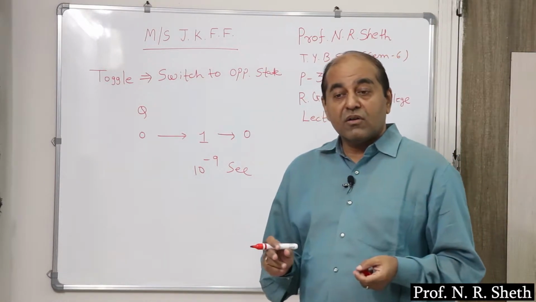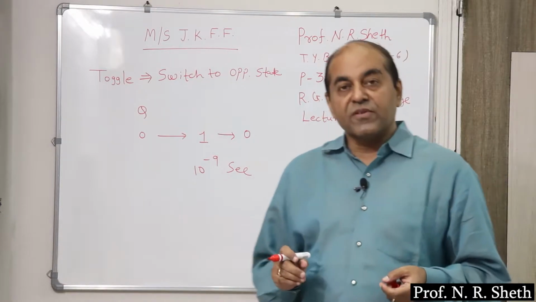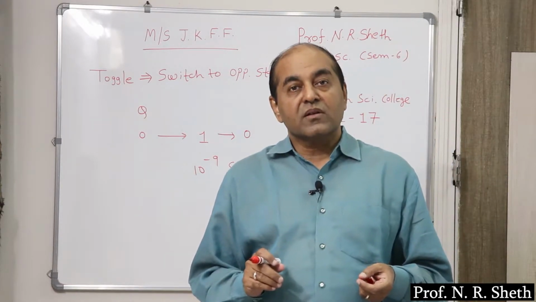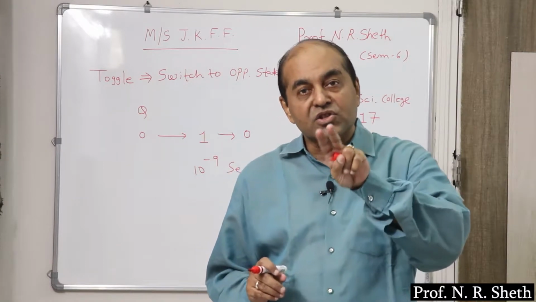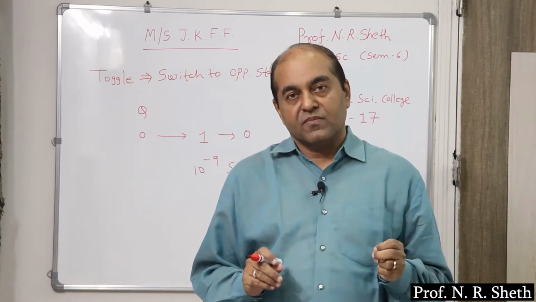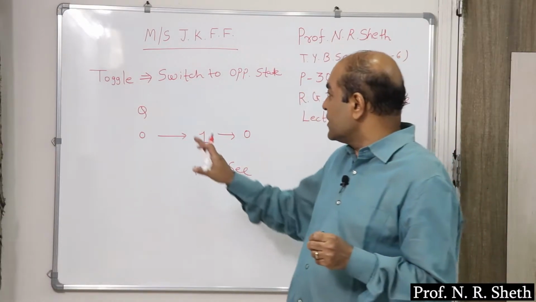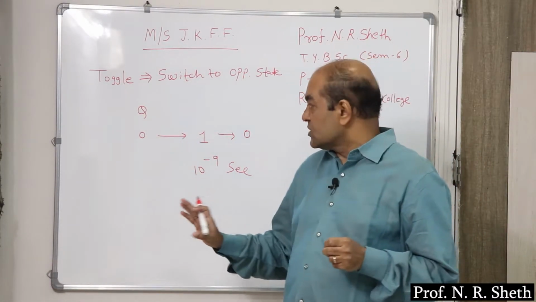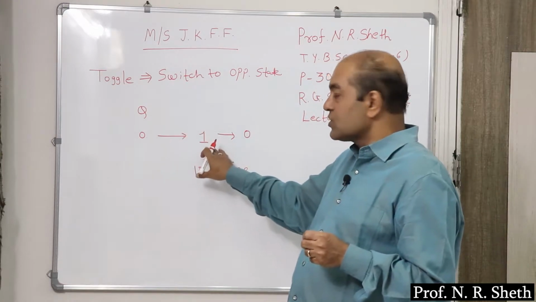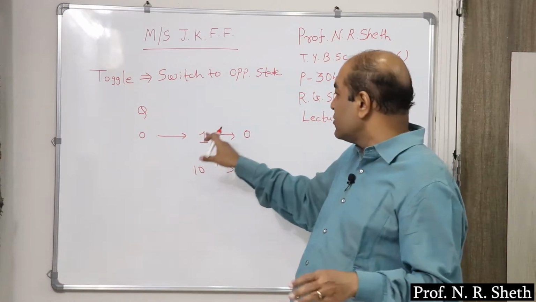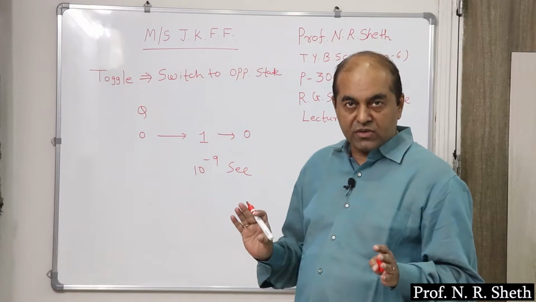So this is the only disadvantage of JK flip-flop, that if toggling occurs twice in a cycle, then Q retains the last state. Suppose if it is 0, then on first toggling it should be 1, and on second toggling it becomes 0.